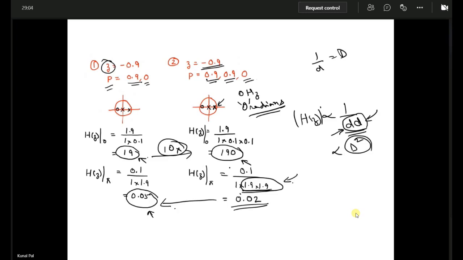Okay. So when you place a pole near a particular frequency, it will definitely have a high effect on the frequency which is nearby. However, it can also have an effect on the other frequency components. Okay.